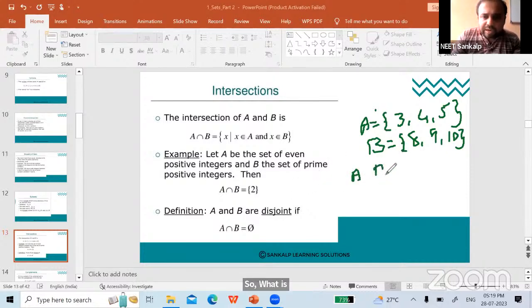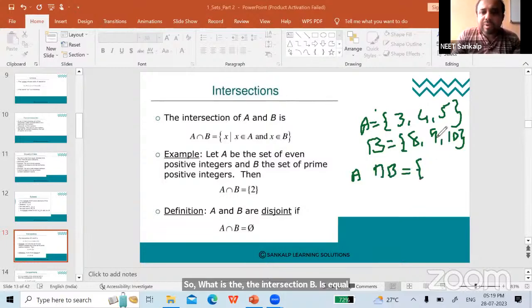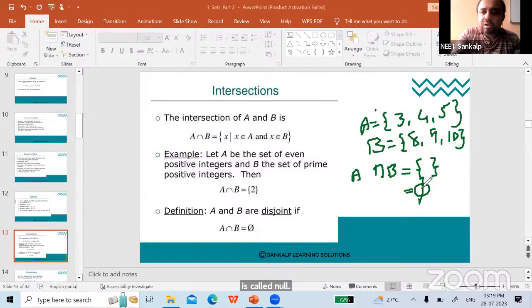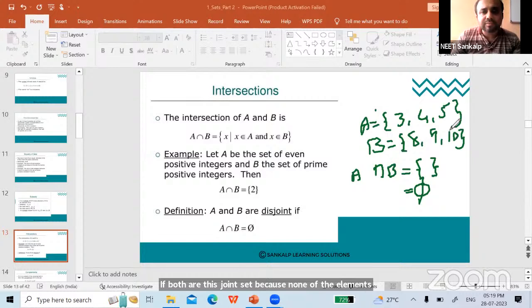What are the common elements present in both sets? None of the elements. So it is the empty set, represented by the symbol for the null set. Because none of the elements are common, it is called the null set.